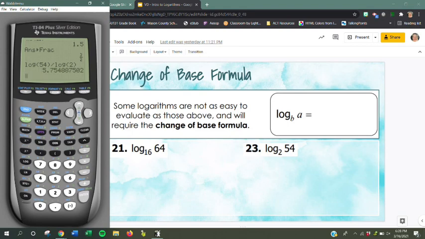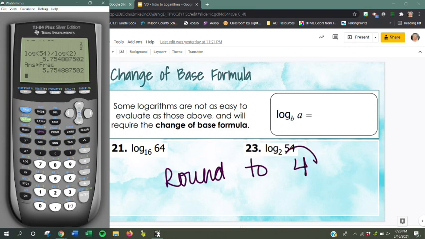And you're going to get a big long number. And if I try to turn it into a fraction, it's not going to work because it's not a good healthy fraction. So when we work with logarithms, we want to use 4 decimal points. So round to 4 decimal points.